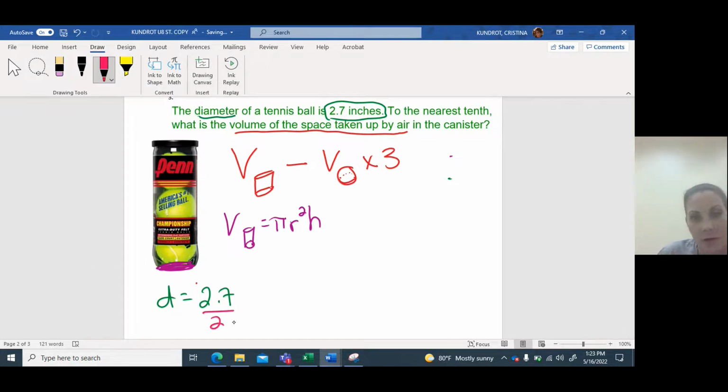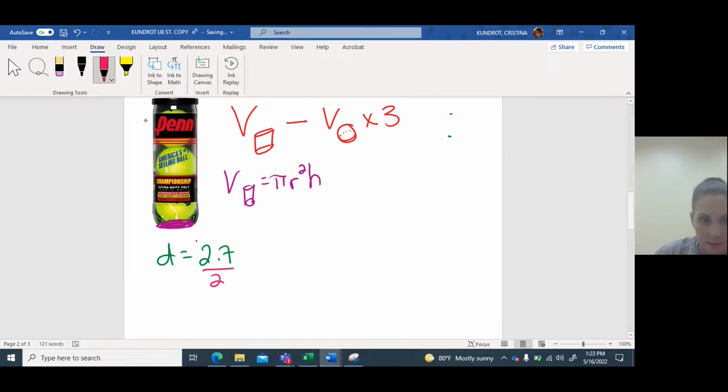Just cut it in half. So when we divide 2.7 by 2, we are going to get 1.35. So I'm going to go up in my formula and write in 1.35 squared.